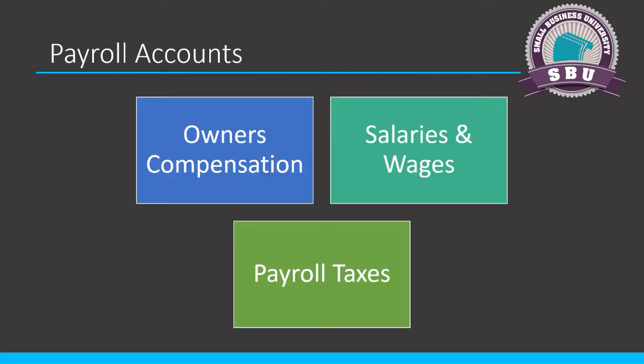The next point I want to mention here is about when you're booking payroll and to make sure the wages and payroll taxes are on two different lines. Halon reads every line of the financials, both the balance sheet and the profit and loss.